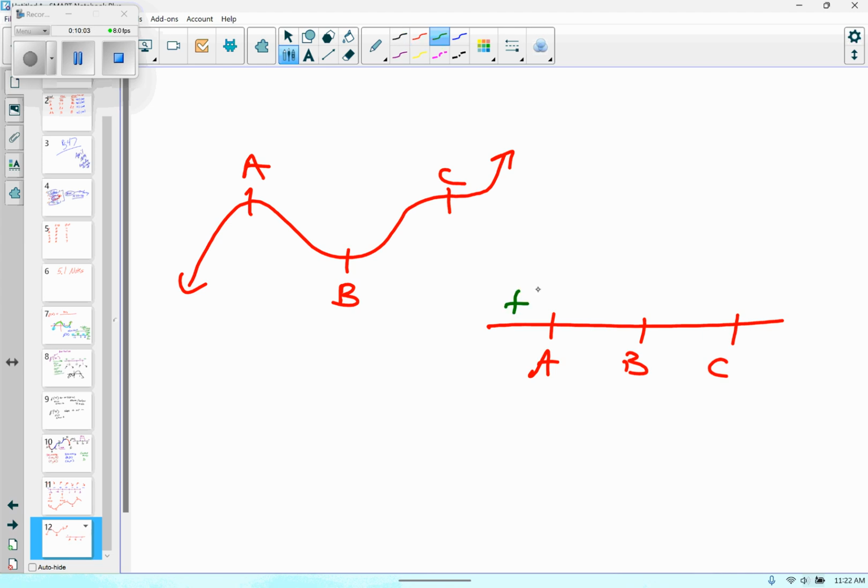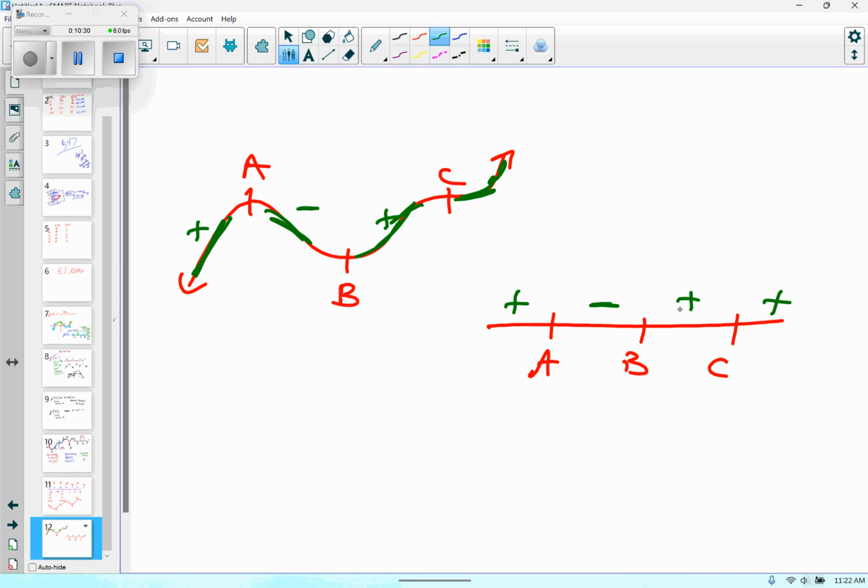So we'd have a positive slope here. I'd have a negative slope here. I have a positive slope here. And then it keeps going positive here. So because you have the positive and positive at point C, which in this case would be 4, that basically means that the graph has a point of inflection that takes place.